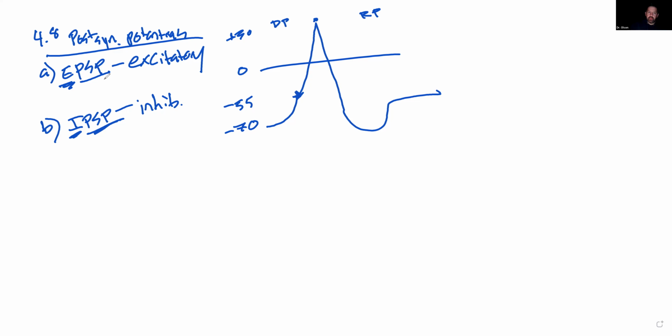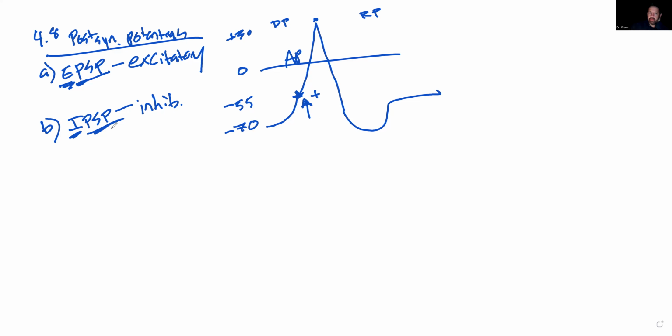Well, we say that an excitatory postsynaptic potential, this is post, meaning we're in the postsynaptic cell, is a potential that is excitatory, that is bringing that postsynaptic membrane potential towards threshold. So we are going in this direction, going more positive, and we're moving towards threshold to initiate an action potential, right?